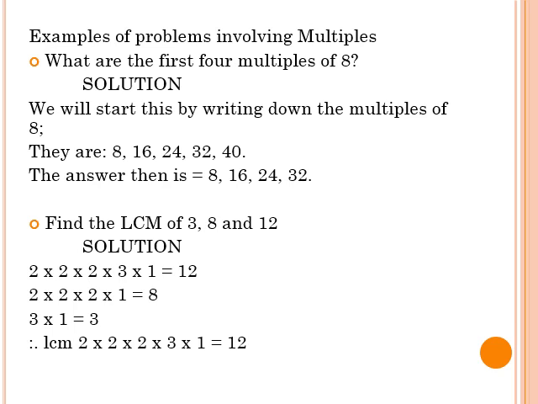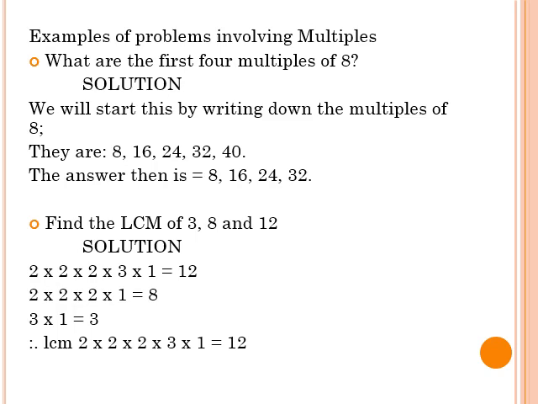And 8 is 2 times 2 times 2 times 1. And 3 is what? 3 times 1. Now, as you all can see, among all of them, the one that has everything is what? Is 12. So therefore, the LCM between 8, 3, and 12 is what? Is 12. Yes.